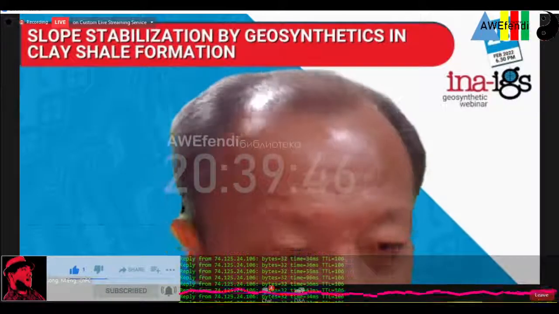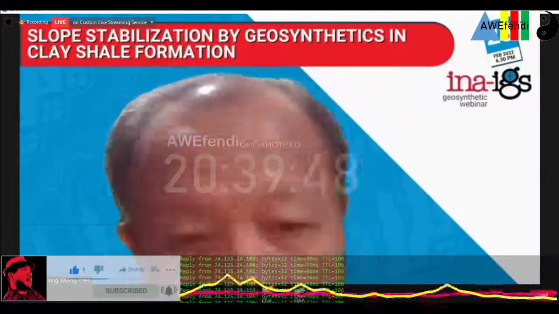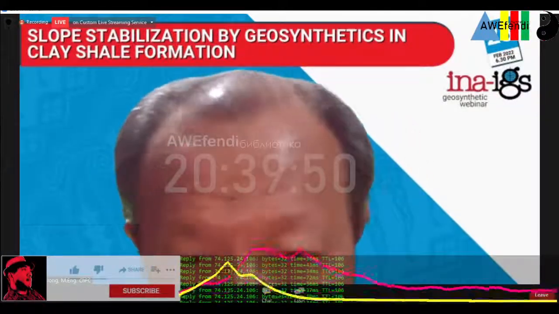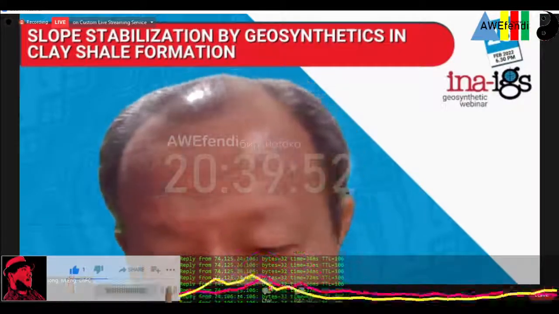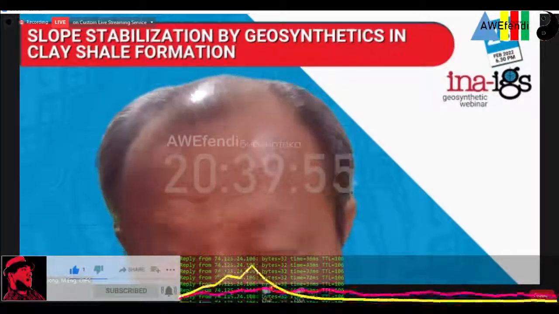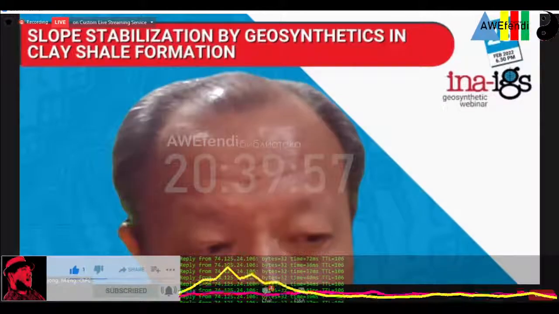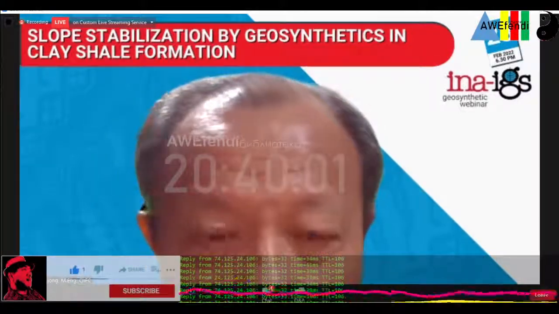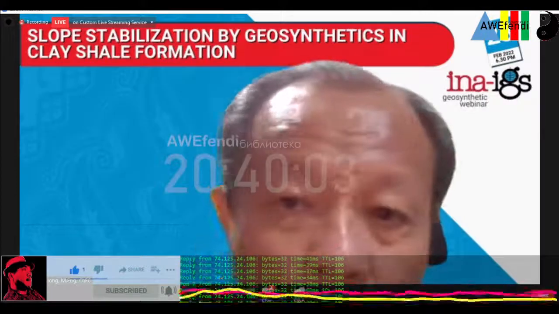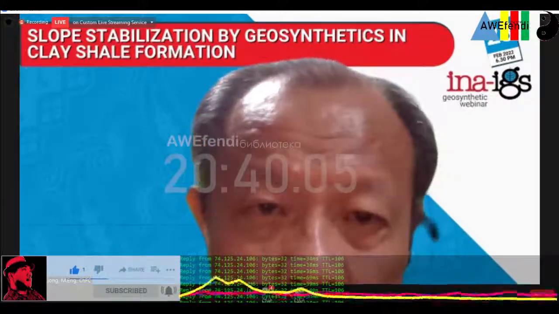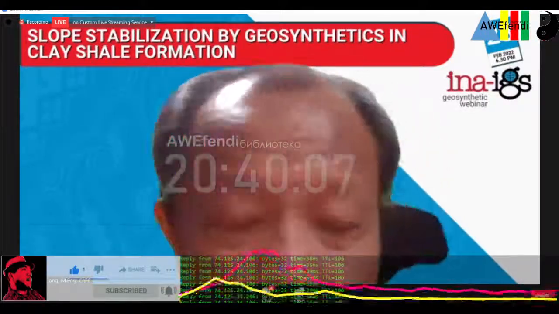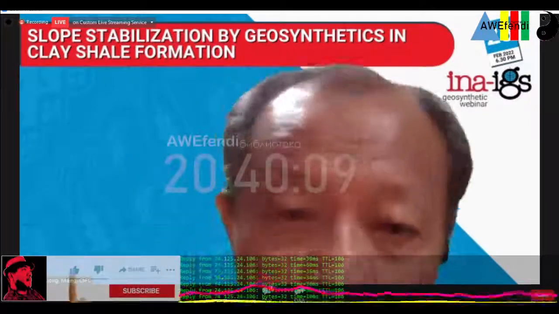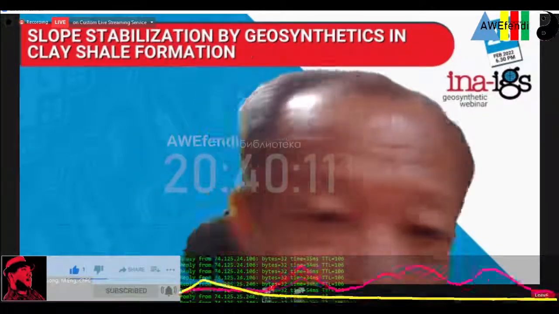We take the reduced strength. We take the ultimate strength. For the compacted clay, we don't take the highest one. We took the residual value, the ultimate value.